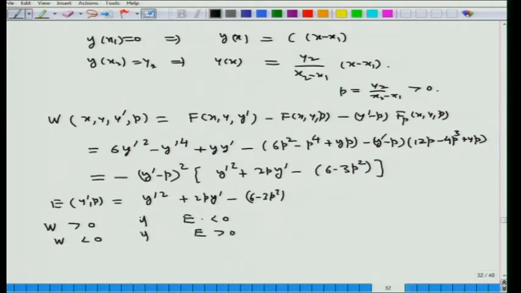So, if E is negative, then W is positive. In this case, we will have either strong minimum or weak minimum in the first case, and in the second case we will have strong maximum or weak maximum, depending upon whether it is dependent on y prime or not.